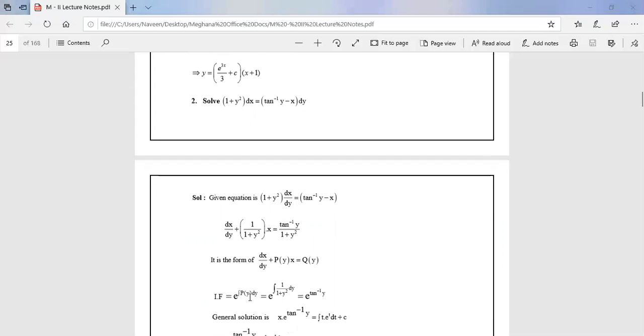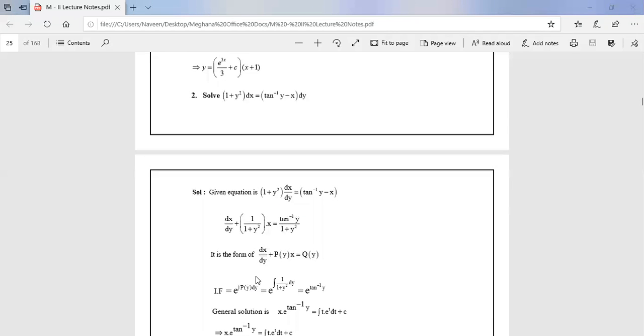So to solve this linear differential equation of first order in x, the integrating factor is e power integral p of y dy. Here p of y is 1 by (1 plus y square) and q of y is tan inverse y by (1 plus y square).